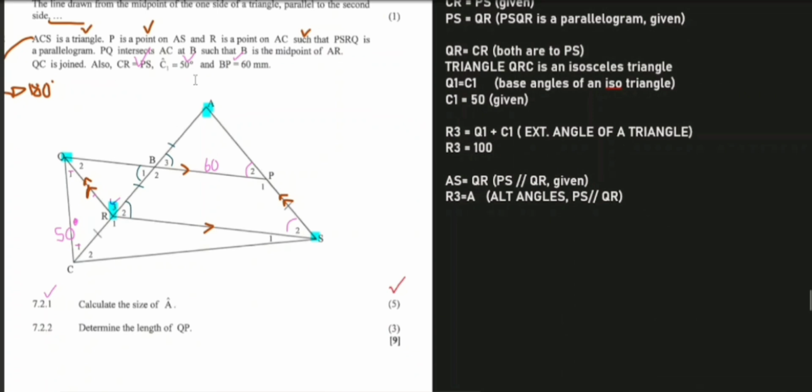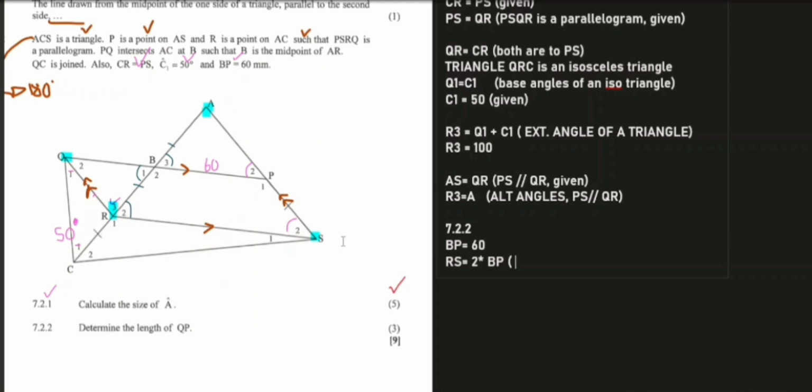Now for 7.2.2, it says determine the length of QP. Now, BP was given as 60 millimeter, and then RS is 2 times BP.